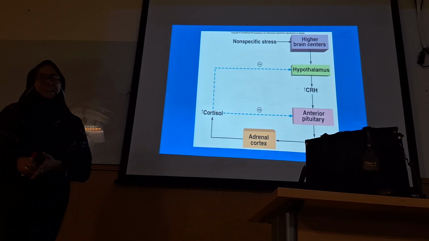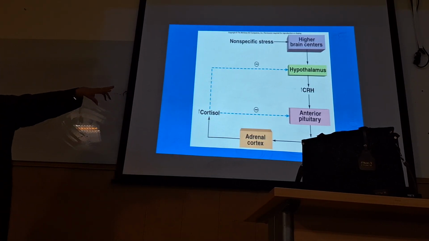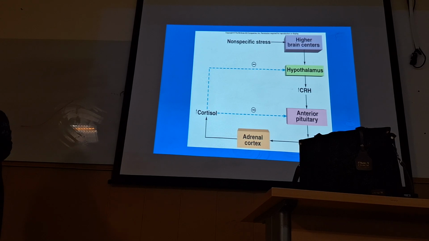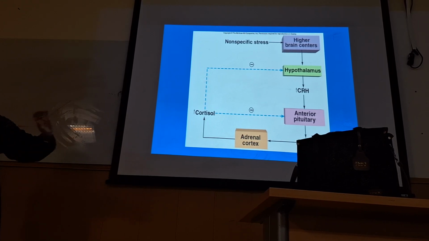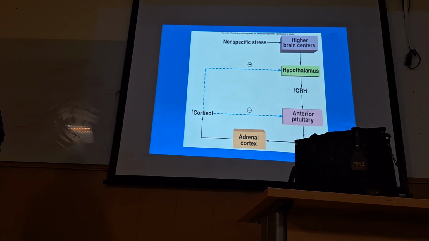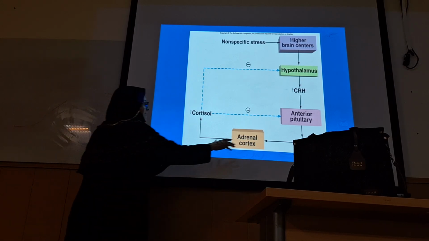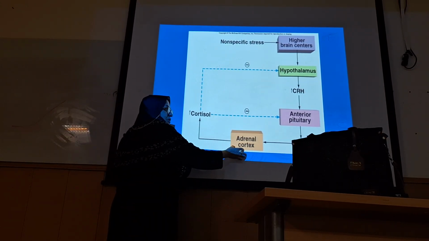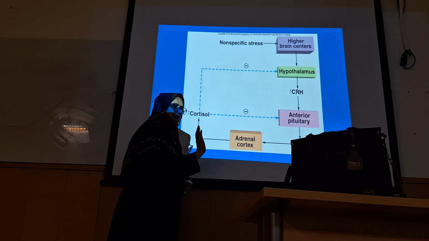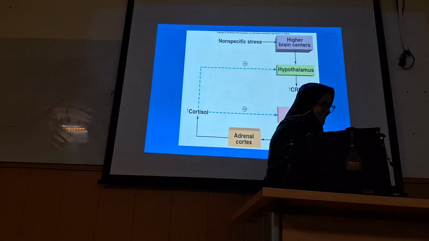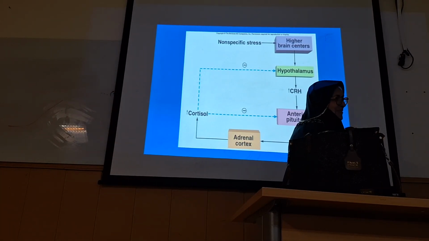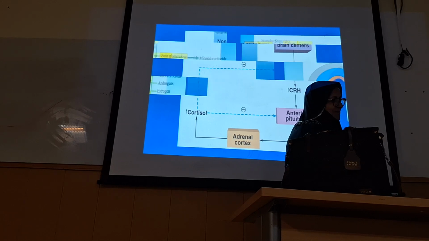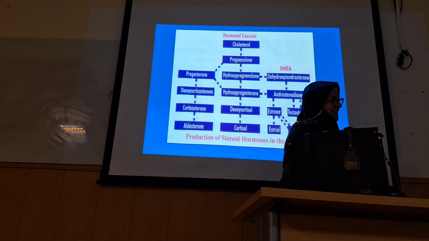But I told you, ACTH is a weak activator for release of aldosterone. Why? You see in this slide, ACTH affects the adrenal cortex and releases cortisol, not aldosterone.